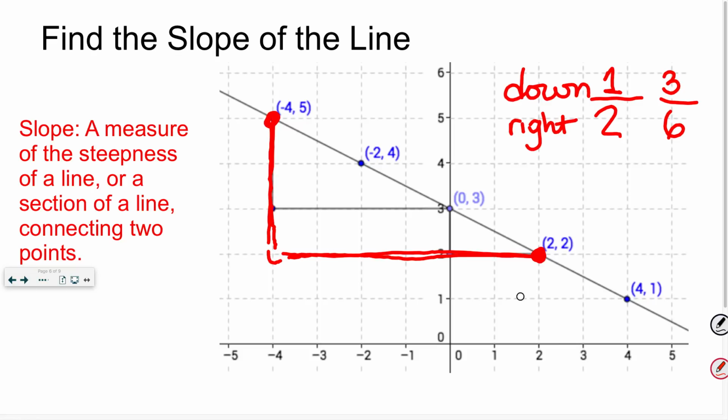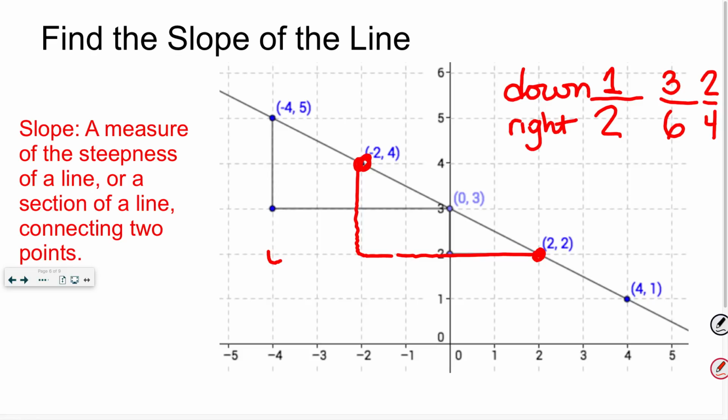How about this one, from here to here? What'd I do? You went down 2 and right 4. What do you notice about the movement? It's the same.